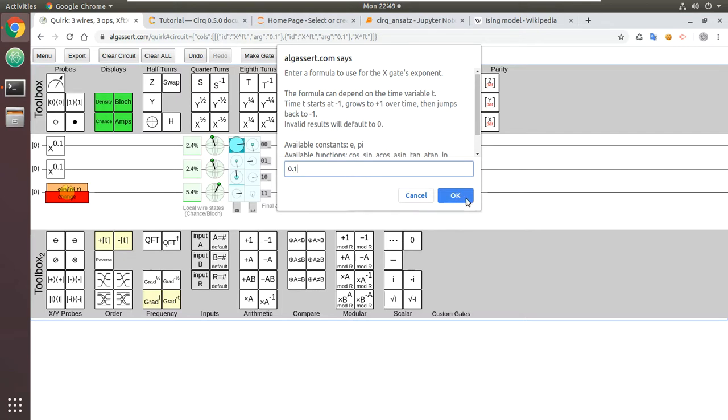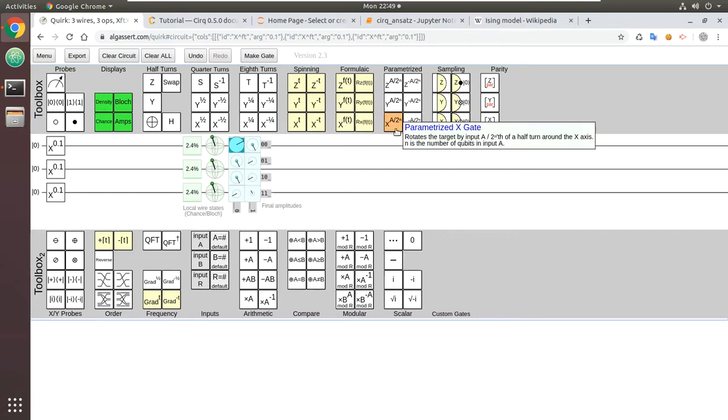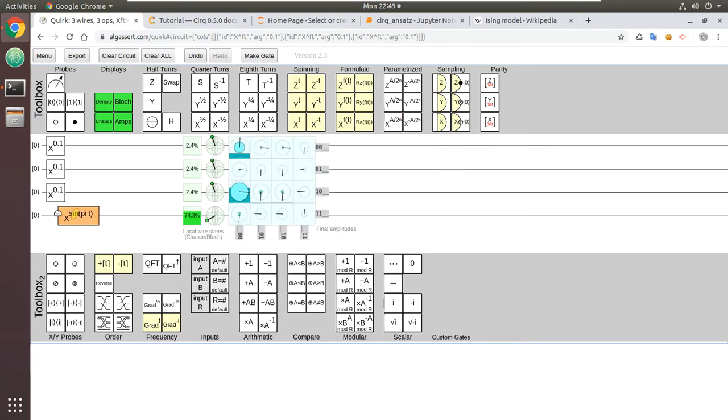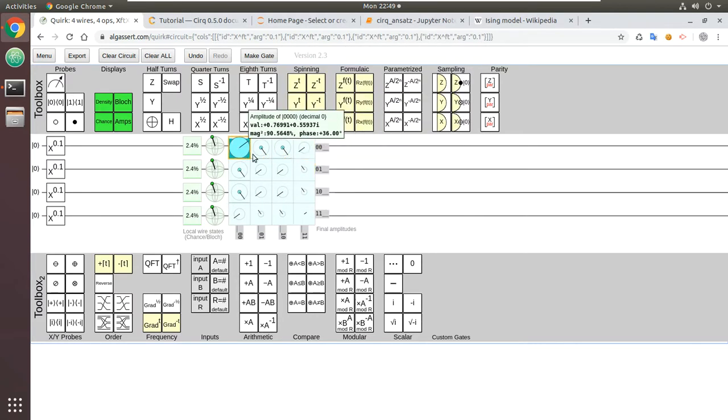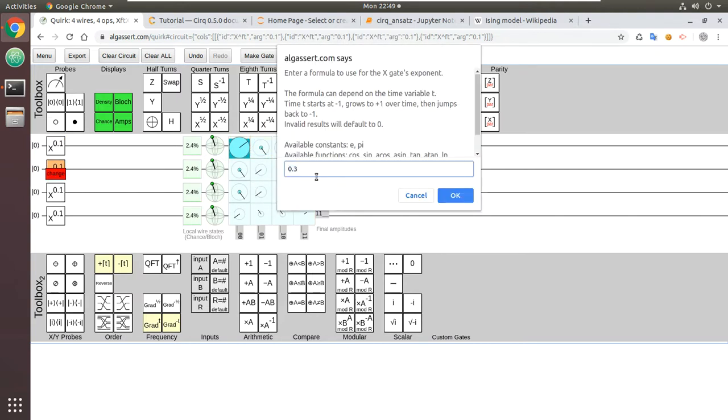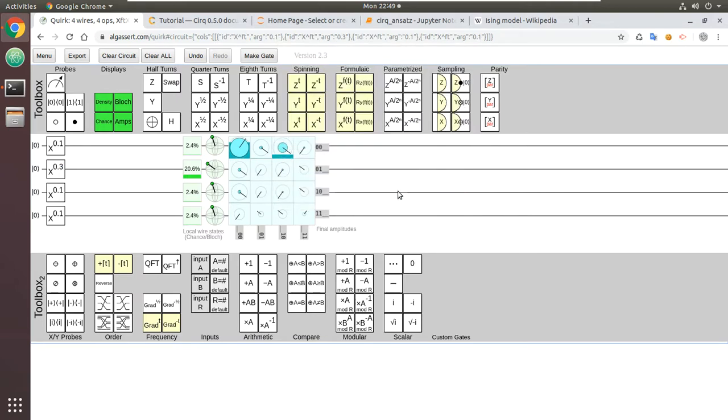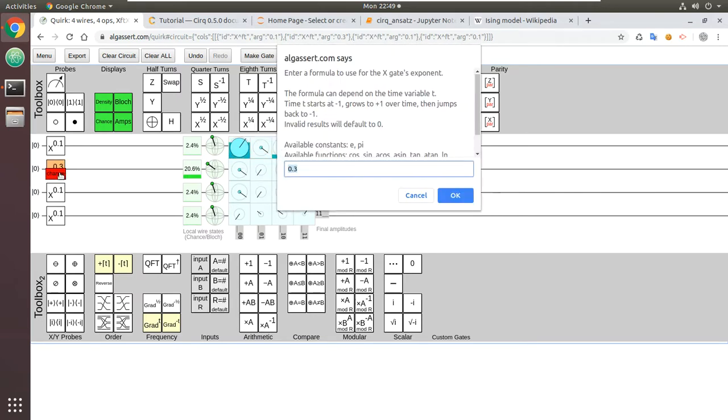I'm not sure if it's equivalent to the circuit in terms of how they use it, but let's see. So what does this give us? As you can see, it's like a superposition of possible states, and you can probably change some of those things in here, and then you're kind of filling those up a little bit more.